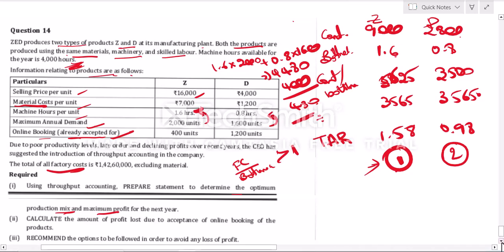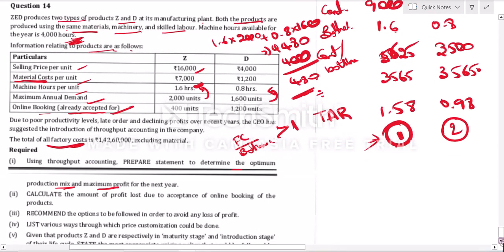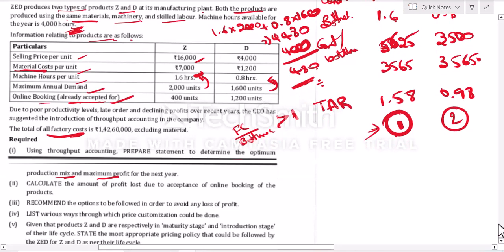So how many units can we produce using that 4000 hours? 4000 hours are there. First we need to give importance to bookings already accepted.